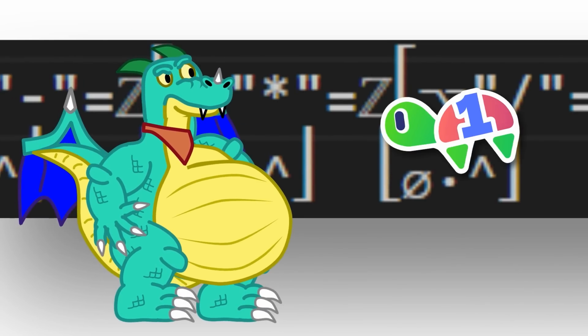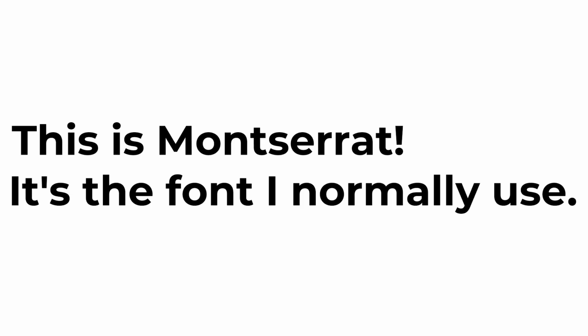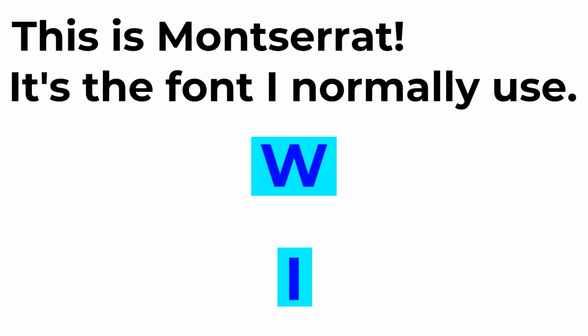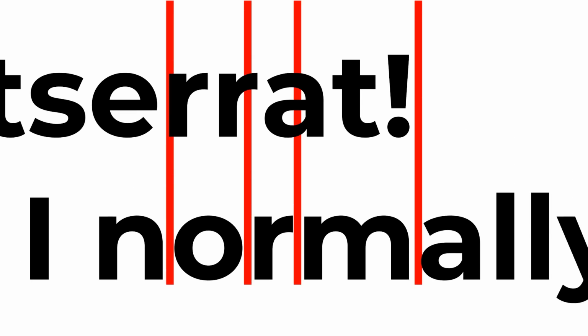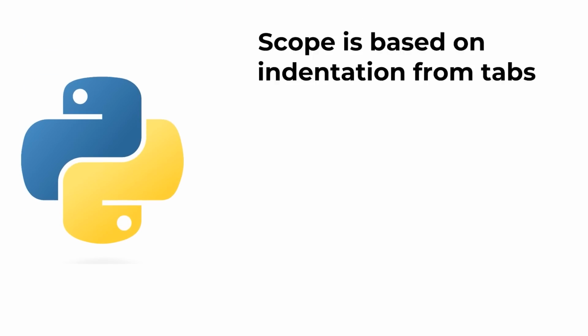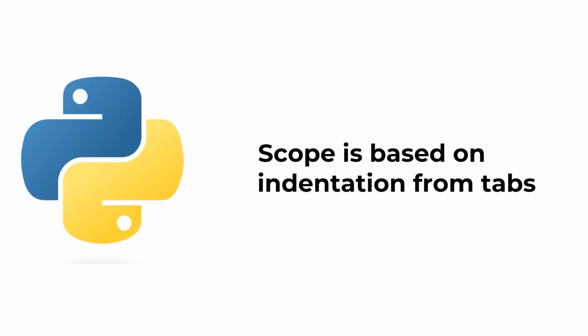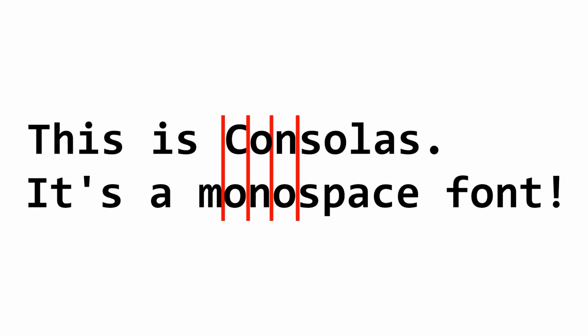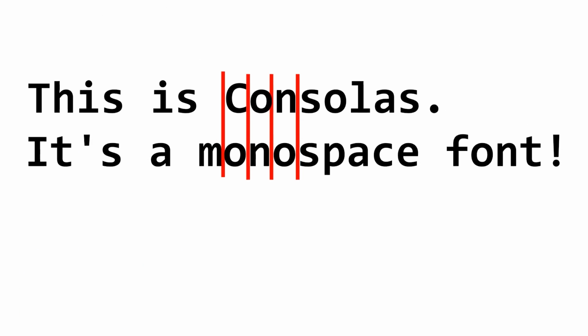Not necessarily. And that's because these weird symbols are also weird sizes. Most fonts, like Montserrat here, have characters that are different widths. As a result, they don't line up cleanly when stacked on multiple rows. This isn't really a problem if you're writing a document or a YouTube video, but in programming, especially in a language like Python where indentation has meaning, you want every symbol to be the exact same width, like you see in the Consolas font.